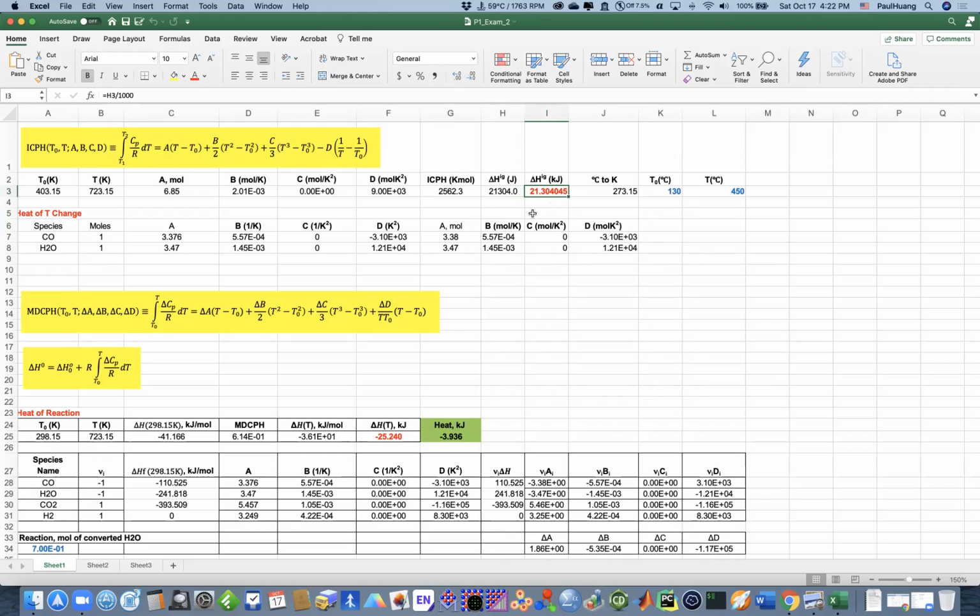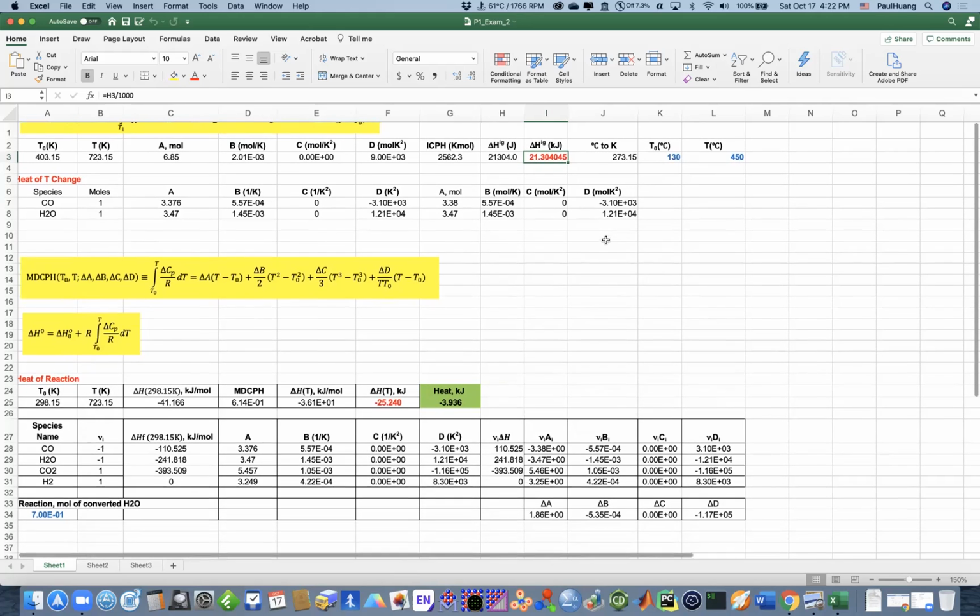Okay, so this is the first part: when you increase the temperature for the reactants, purely 1 mole of CO, 1 mole of water, from 130 degrees C to 450 degrees C.